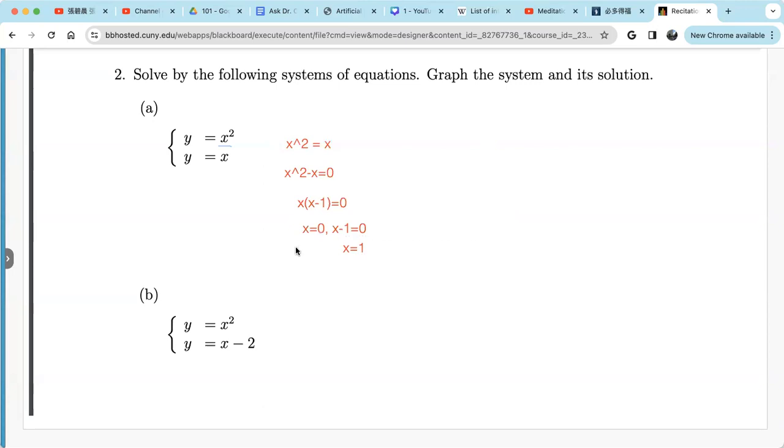If x is 0, y is 0. If x is 1, y is 1. So I have two solutions, that is (0, 0) and (1, 1). So two solutions.